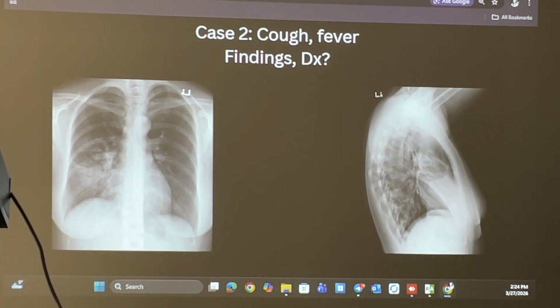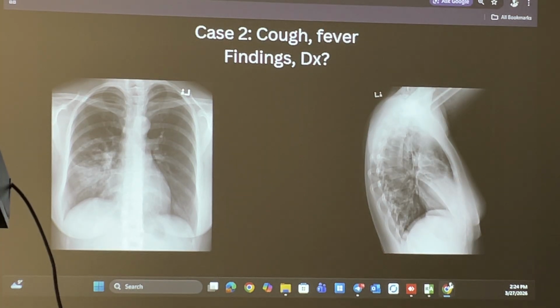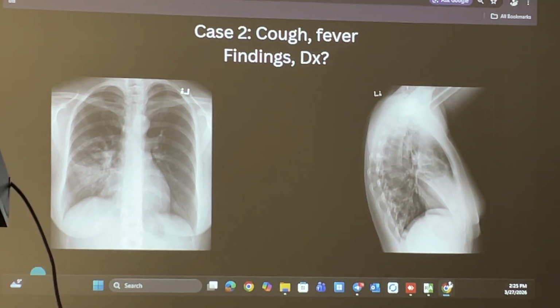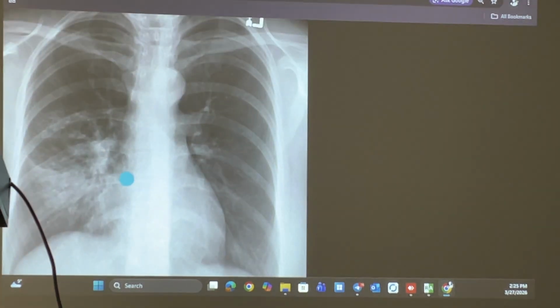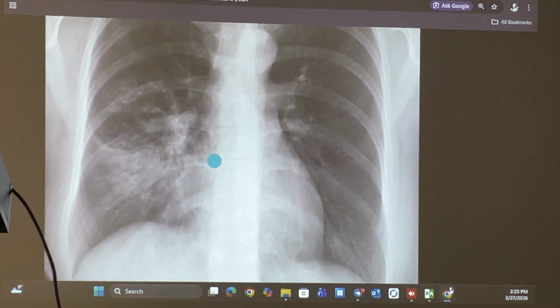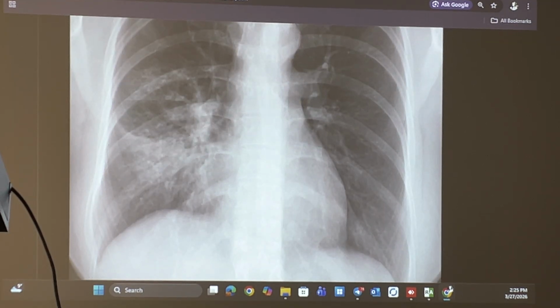Second case, the patient again has cough, fever. The findings and diagnosis? On the right side. Can you zoom this feature? So again, air bronchogram is present because of this.